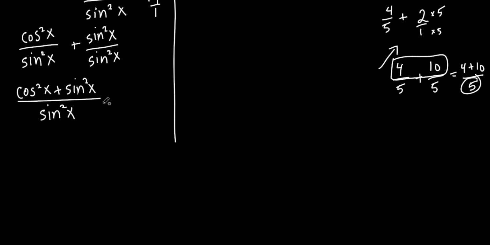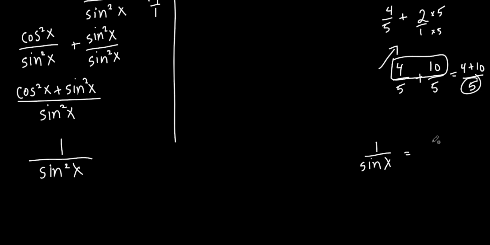1. So instead of writing cosine squared x plus sine squared x, what do we write? 1 over sine squared of x. Now, in a box, you should see something. It won't say sine squared of x, but it will say sine of x. So what's 1 over the sine of x?